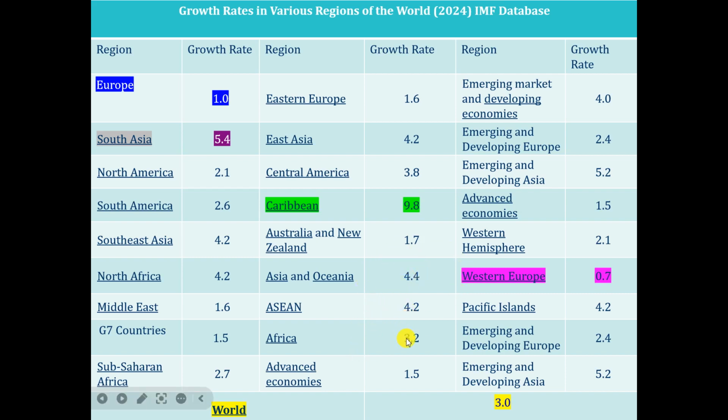For Africa, this is 3.2, and for advanced economies, the growth rate for 2024 is expected to be 1.5. For emerging market and developing economies, this is 4. For emerging and developing Europe, this is 2.4, and for emerging and developing Asia, the growth rate is expected to be 5.2%. For advanced economies, this is 1.5.